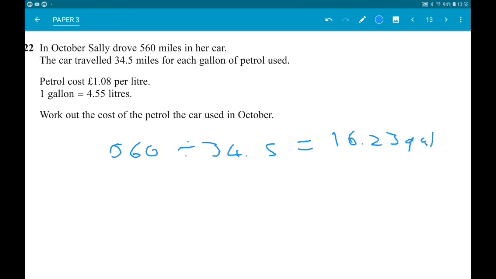Now to turn that into litres, every 1 gallon is 4.55 litres. So we now want to do 16.23 times 4.55 litres. Now that, again, to 2 decimal places, gives us 73.85.